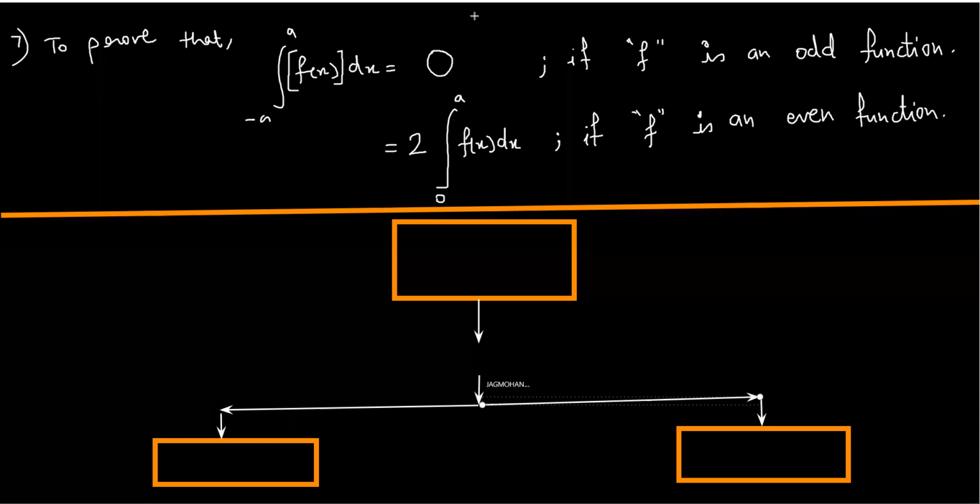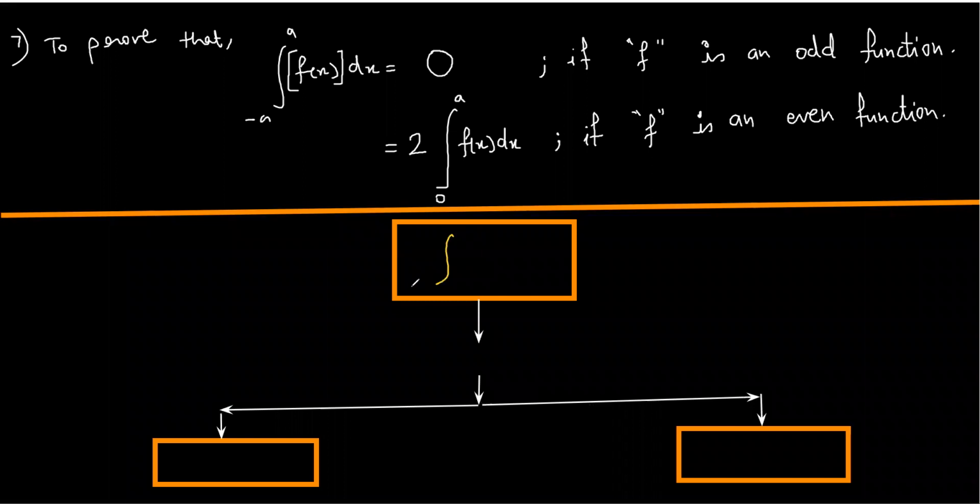So, my dear students, what I do is I write here minus a to a f of x dx at the top. So in this box, I have minus a to a f of x dx. Now this becomes 0. You can see this branch. So this is equal to 0. You can check this out. Minus a to a f of x dx is 0.